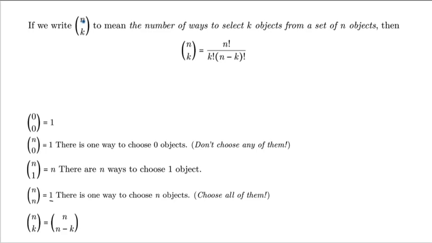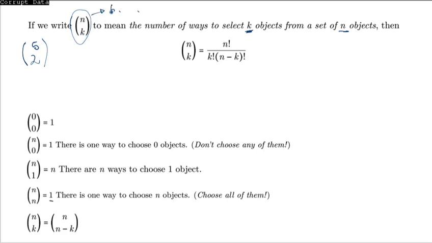If we write n in these big brackets, n on the top and k at the bottom, it means the number of ways to select k objects from a set of n objects. In our case, we had 5 pairs of shoes and I was selecting 2 from that.